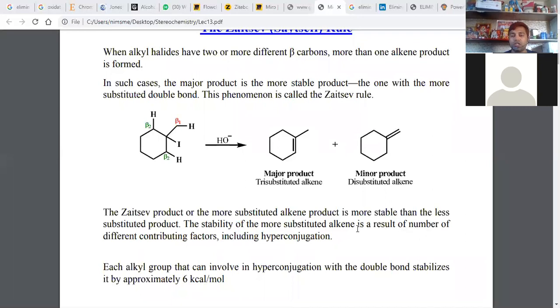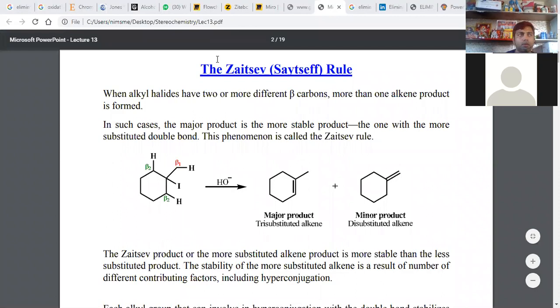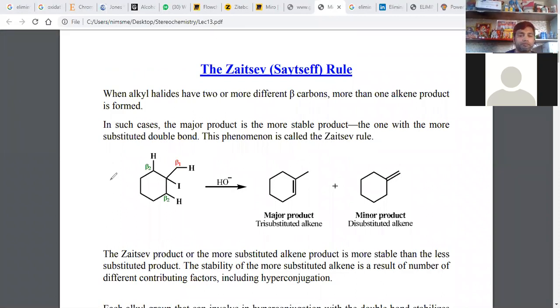So hyperconjugation is one factor according to which this product will be more stable. We'll discuss a few more Zaitsev reactions to understand more. We'll take a few more examples.